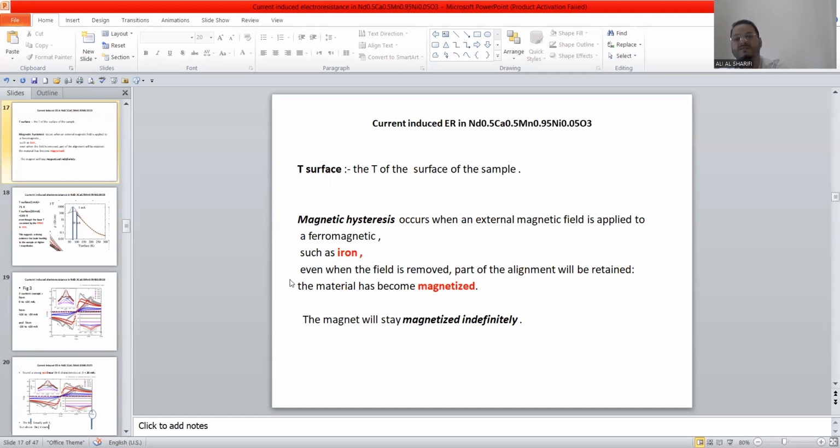Let's focus a little bit. When the field is removed, what will happen? Part of the alignment will be retained. The material has become magnetized. The magnet will stay magnetized ad infinitum.